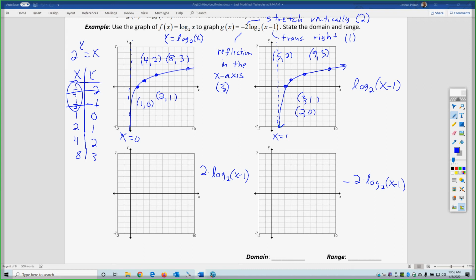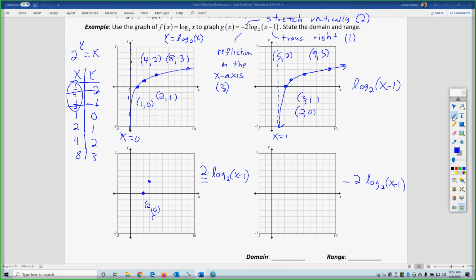Now we're going to multiply by 2 vertically, so that only changes the y values. My first point is 2, 0, but my y value is 0, so times 2 is not going to change anything. My next one is 3, 1. If I change the y value, it becomes 3, 2. So we multiply the y value by 2. Remember, transformations only affect either the x or the y, not both.